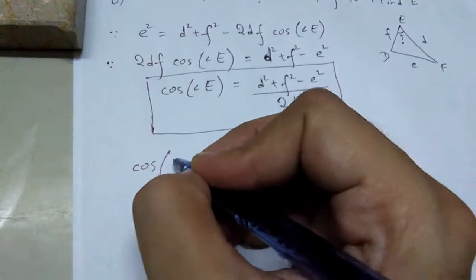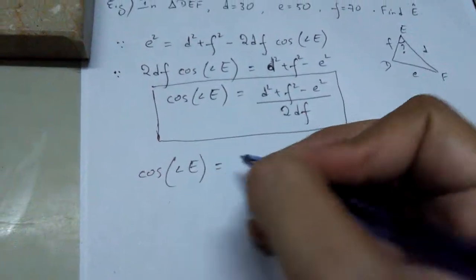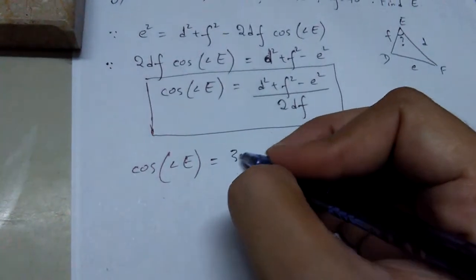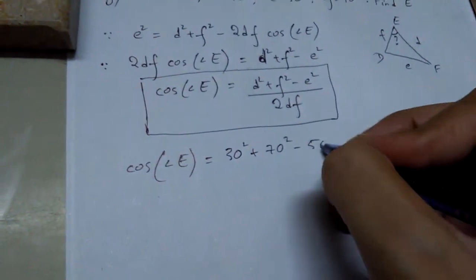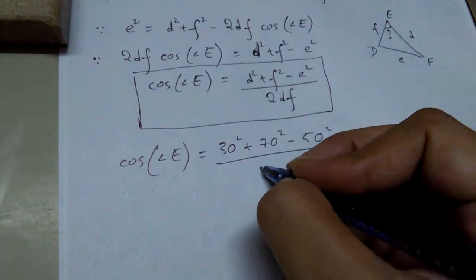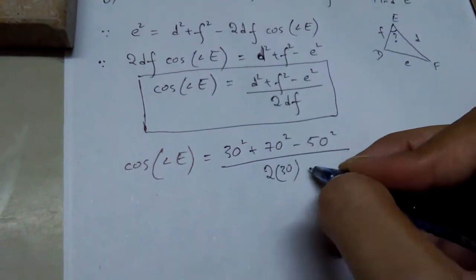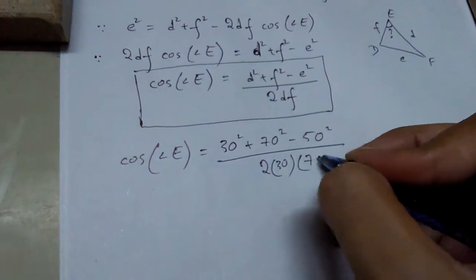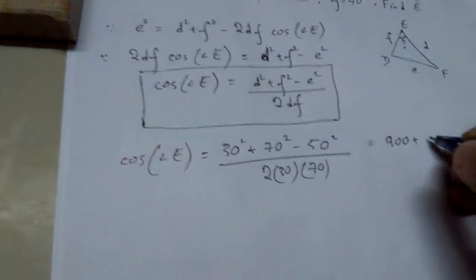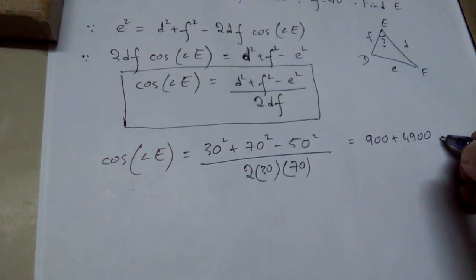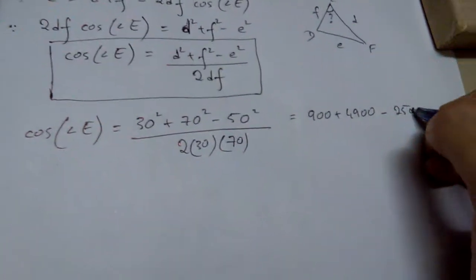So cosine of this angle E is going to be 30 squared plus 70 squared minus 50 squared upon 2 times d and f, and that's it. Okay, so it's going to be 900 plus 4900 minus 2500.